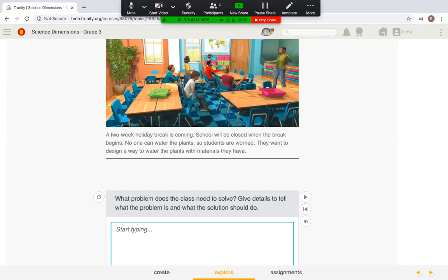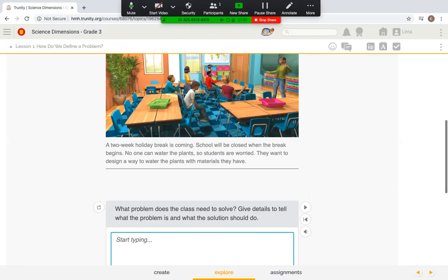So these are some details that tell me about the problem and what the solution should do to solve this problem. Let's explore more.